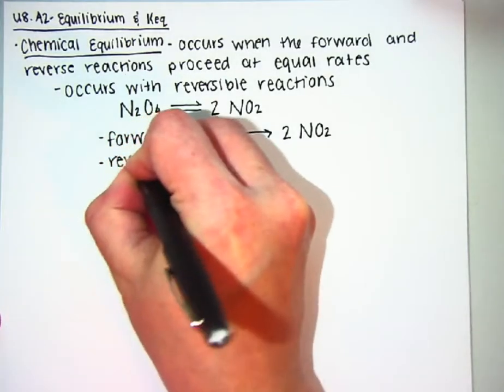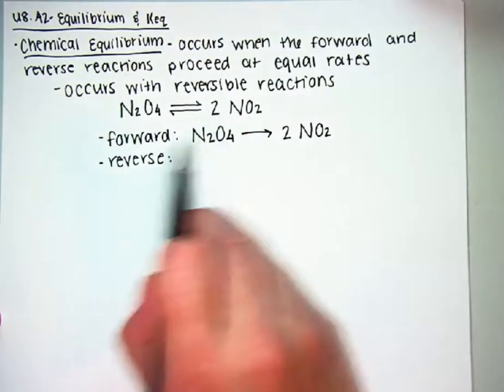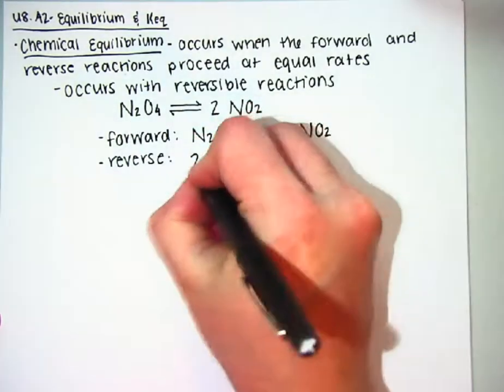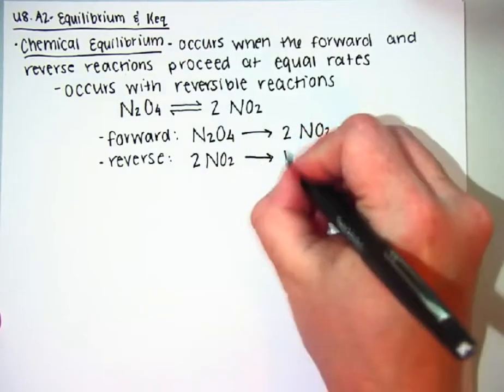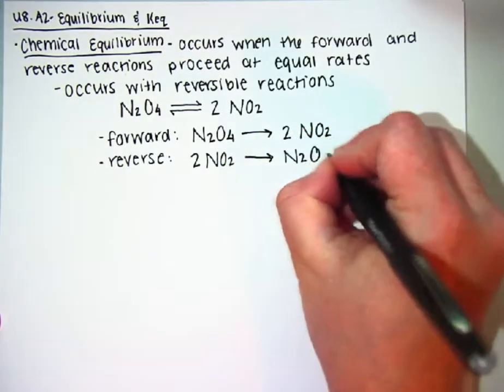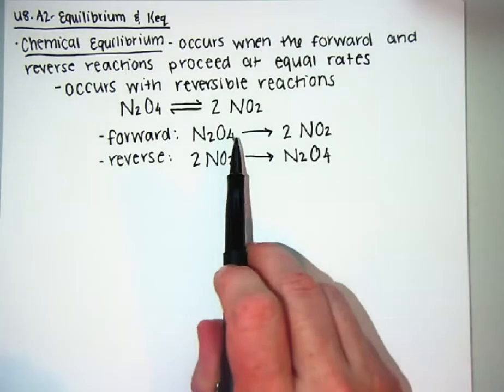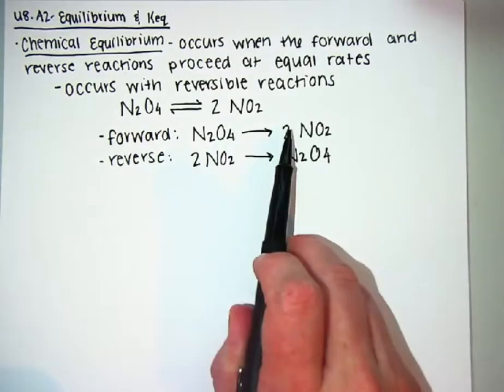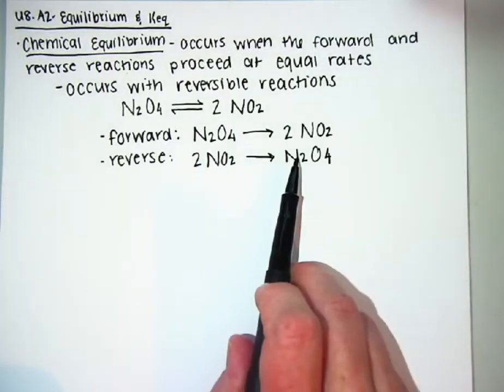We also can have what is called a reverse reaction, and now it goes in reverse. For this reversible reaction to reach equilibrium, it means that the rate of this forward reaction is occurring at the same rate as this reverse reaction.